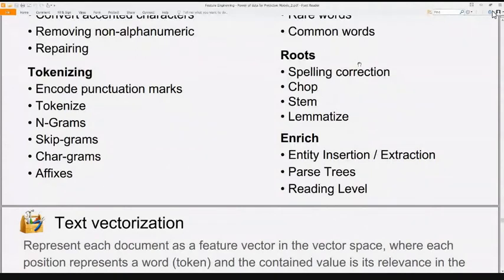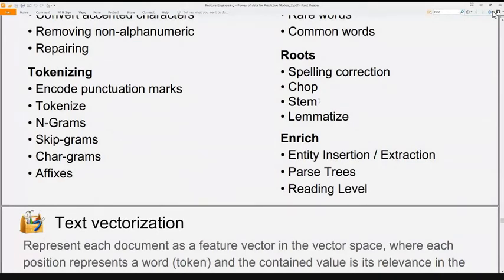Then roots, spelling correction, chop, stem. Stemming is leaving the root of a word. When we're looking at stemming, take: every morning I run, I like running. The model, through the vectorizer, will assume run and running are different words altogether.